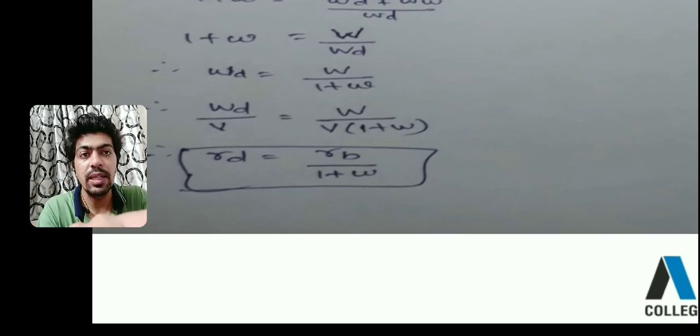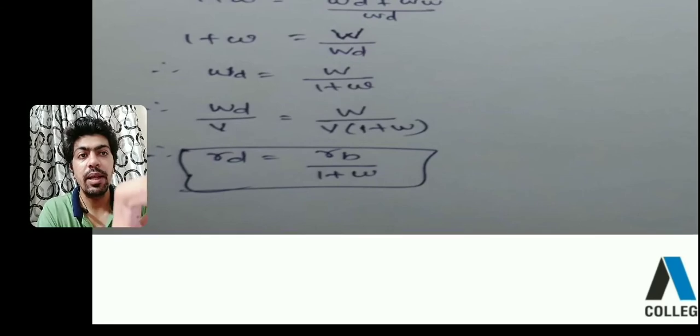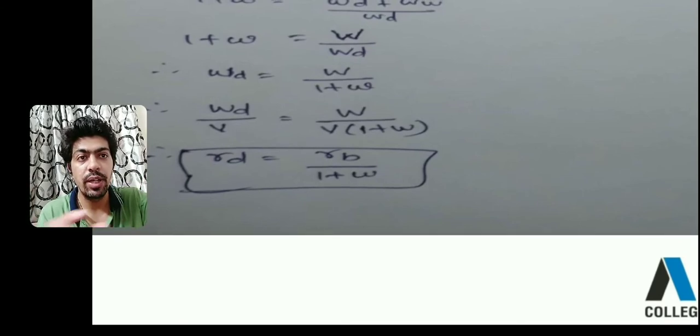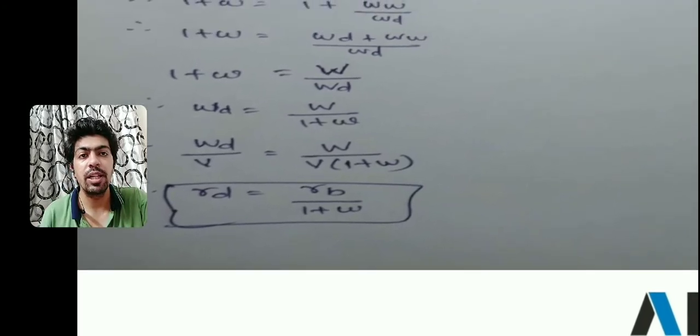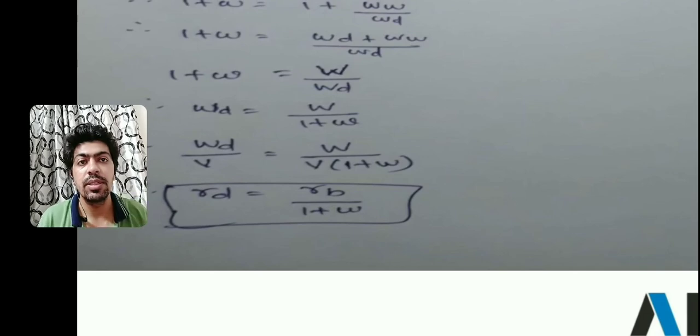So gamma D is equal to capital W by capital V, which is indicated by gamma B, the bulk unit weight, upon 1 plus W. So this is our final equation. Sometimes it is asked in GTU exams. So gamma D, the dry unit weight of soil, is equal to the bulk unit weight of soil upon 1 plus water content. This is our final equation.